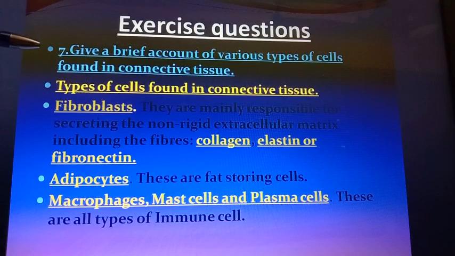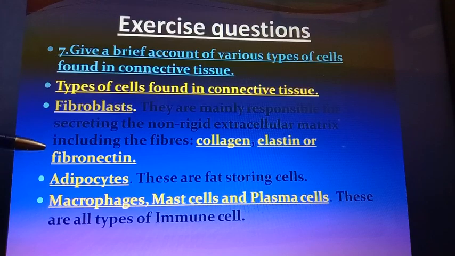Next question, give a brief account of various types of cells found in connective tissue. Types of cells found in connective tissue are, first is fibroblasts. They are mainly responsible for secreting the non-rigid extracellular matrix including the fibers, collagen, elastin or fibronectin.